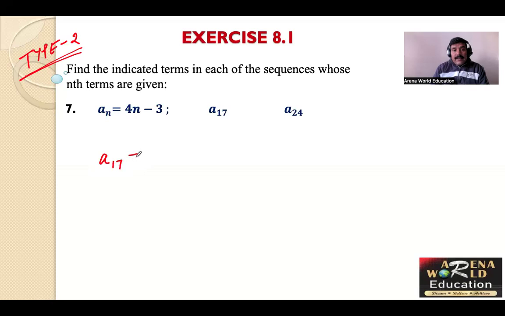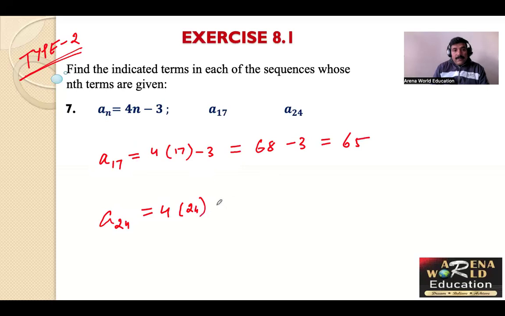So A17 will be what? 4 into 17 minus 3, right? So 17 fours are 68 minus 3. So this will be 65. So now A24. So that will be 4 into 24 minus 3.